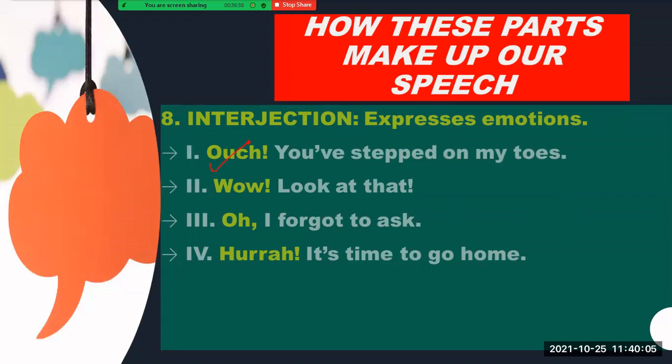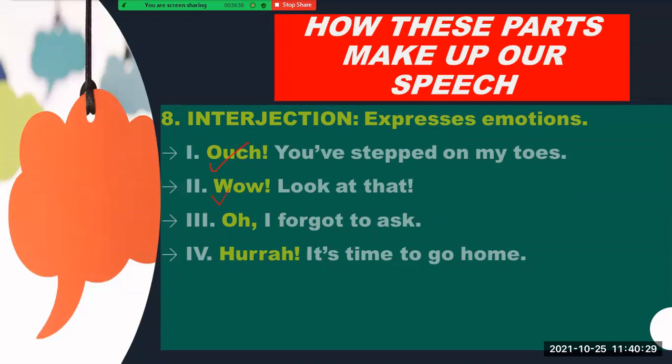All right, this particular interjection is used to express pain. Someone has just stepped on your toes and you feel the pain, and that indicates that you experience some pain.